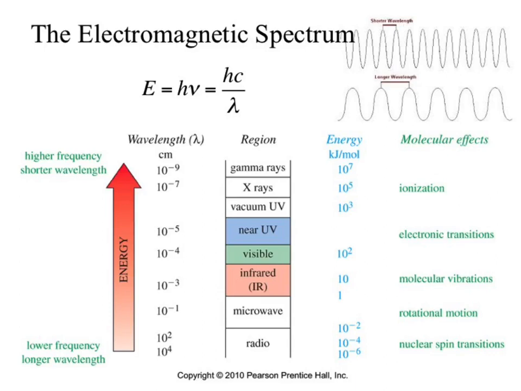After that, we can move into rotational motion with microwave. We can also go all the way down into radio waves to do nuclear spin transitions. When we're talking about NMR, we're causing the nucleus, a tiny magnet, to change directions. We can do that with radio waves.